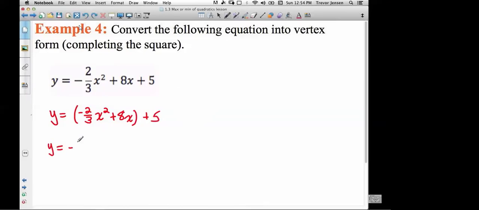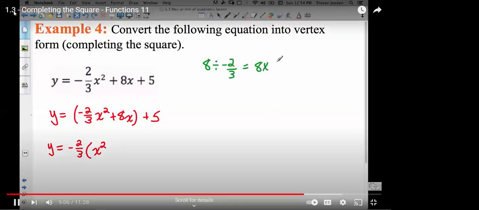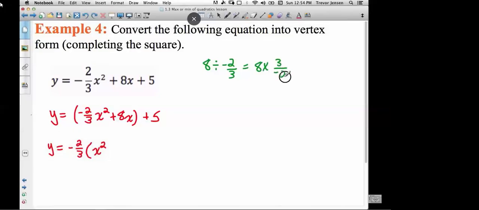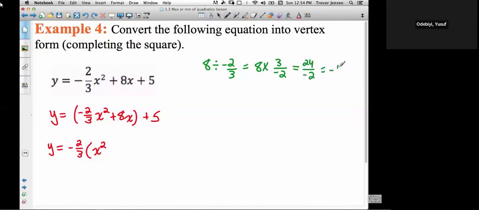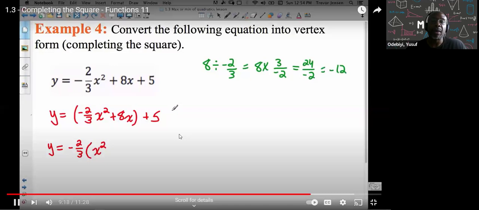So we're going to take out that negative 2/3 and divide both of the terms in the brackets by the negative 2/3. So I'm going to have to divide this 8 by the negative 2/3 that I took out. So I'm going to have to do 8 divided by negative 2/3. That's the same thing as saying 8 times 3 over negative 2, which would give me 24 over negative 2, which equals negative 12.